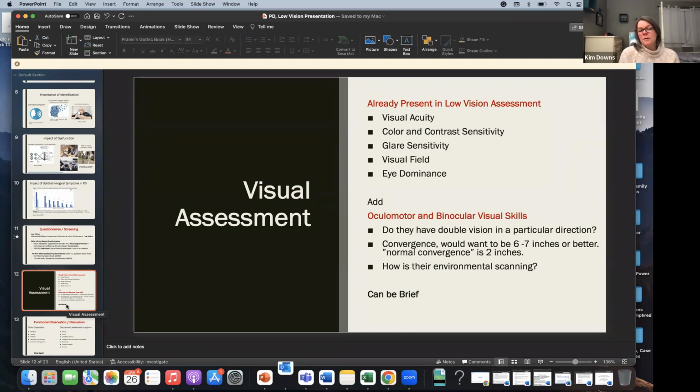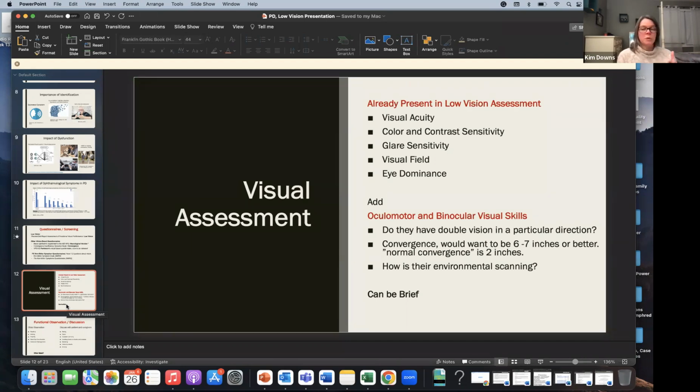Then we also want to look at how their environmental scanning is, if we can. For example, people with Parkinson's are going to have motor control issues that affect their ability to move their head, and they may also have increased difficulty coordinating their eyes. So how is their environmental scanning?